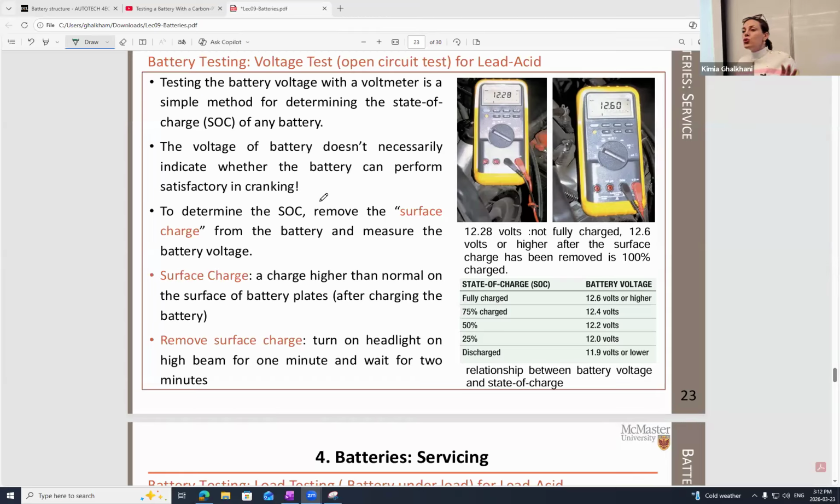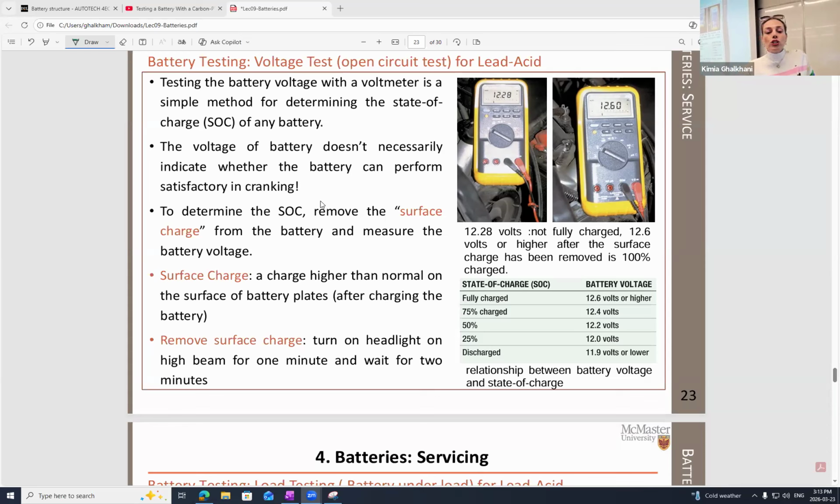We've got a few different methods of testing. So it's simple. You can grab your multimeter and connect it to the leads, or as I said a few minutes ago, to the tab of the battery, positive and negative, and read the voltage through the multimeter.